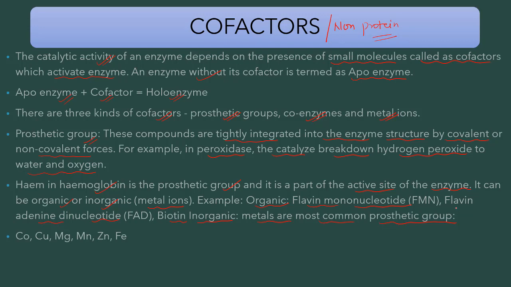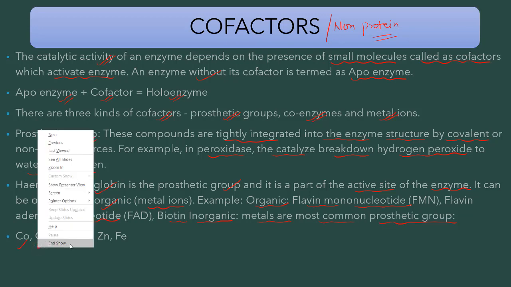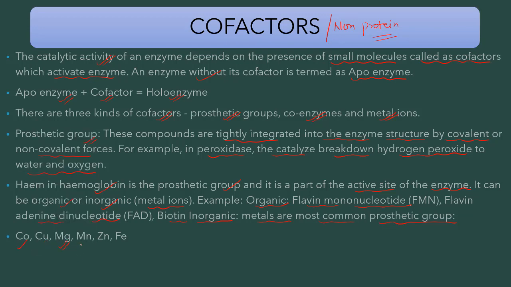Organic examples are flavin mononucleotide, flavin adenine dinucleotide, and biotin. Inorganic includes metalions, like copper, cobalt, magnesium, manganese, zinc, iron.